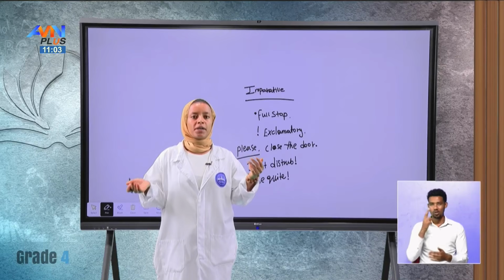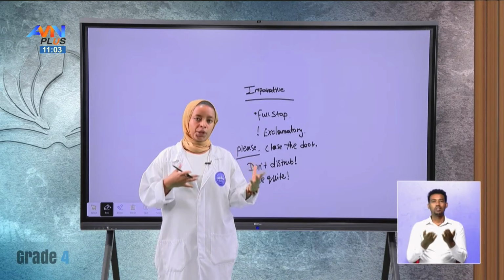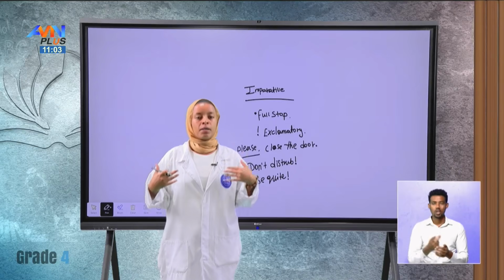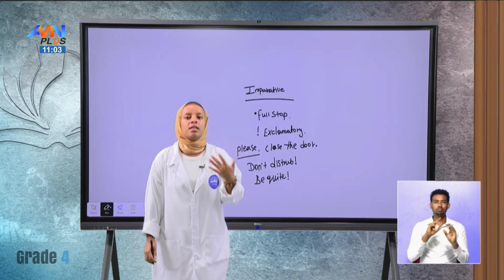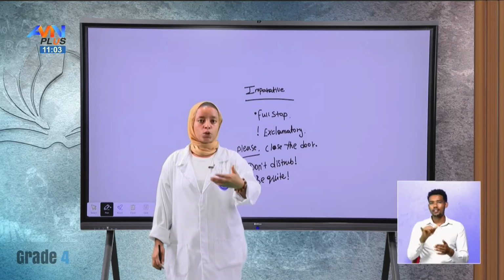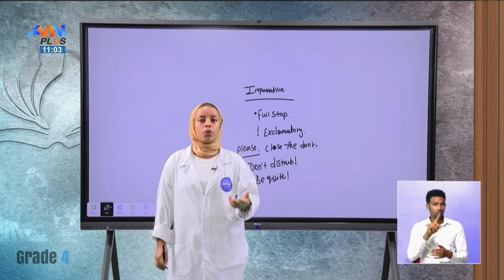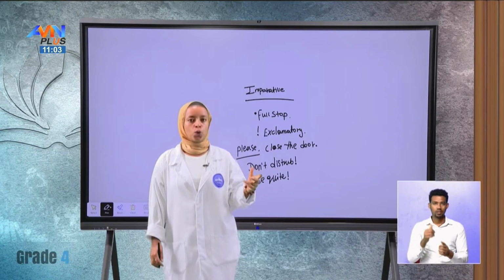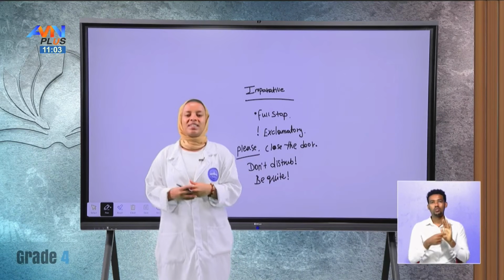We can use imperative sentences to show request and sometimes command. Both are part of imperative sentences. We can use them as a command, as an instruction, and as a request. So we can use both the full stop and the exclamation mark to show imperative sentences.